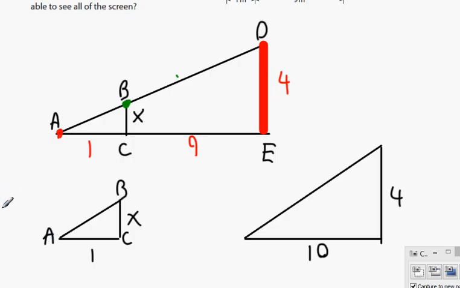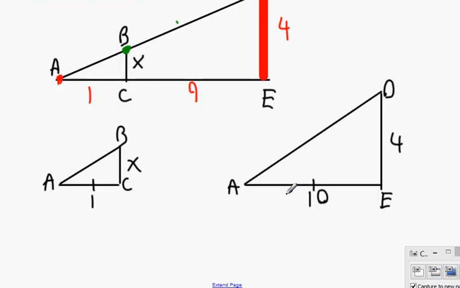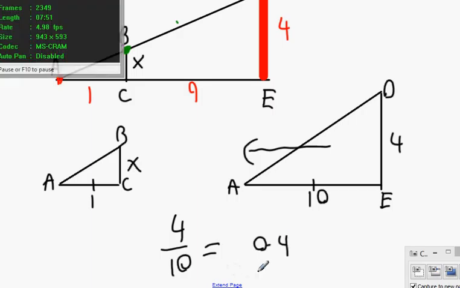So AC gets turned into AE, and BC gets turned into DE. How many times bigger is this triangle than the left one? 10 times bigger. This means that X is 10 times smaller than 4. What's 4 divided by 10? 0.4.